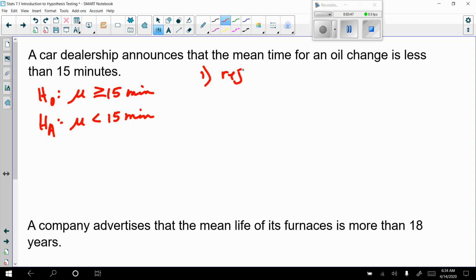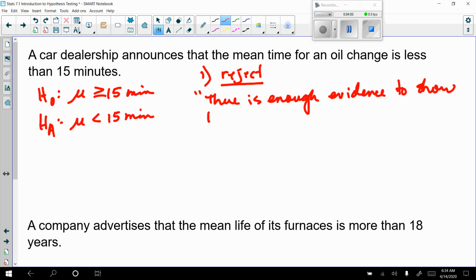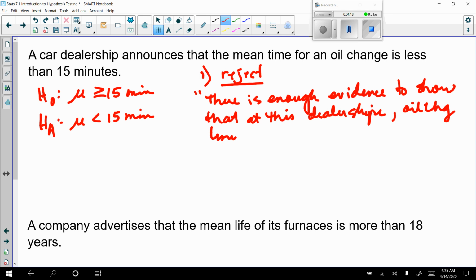If you reject, that means what you're saying is there is enough evidence to show that at this dealership, the oil change time is less than 15 minutes.